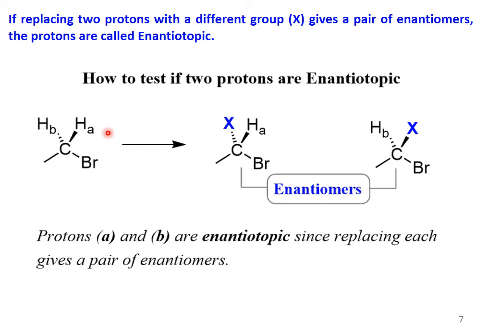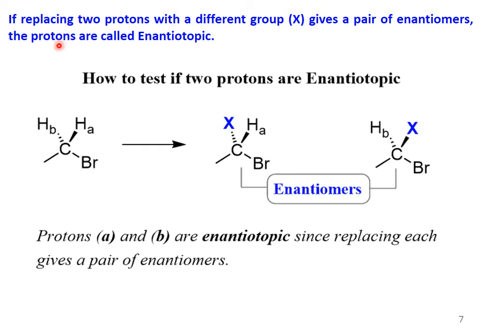If replacing two protons with a different X gives a pair of enantiomers, the protons are called enantiotopic. When you replace the two protons with different groups and you get a pair of enantiomers, here is how to test if two protons are enantiotopic.